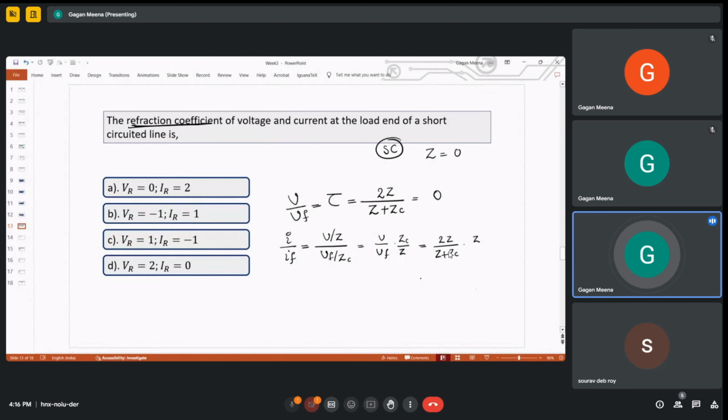This is cancelled. This becomes 2ZC upon Z plus ZC. Now, this is the current reflection coefficient. The voltage reflection coefficient is 0. It becomes 2ZC upon ZC, which is 2, because Z here is 0.